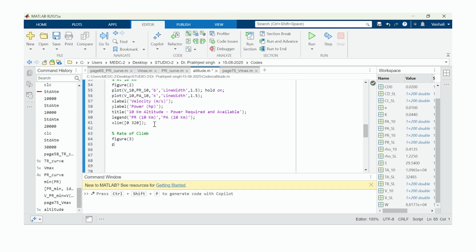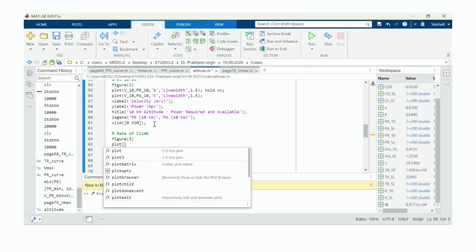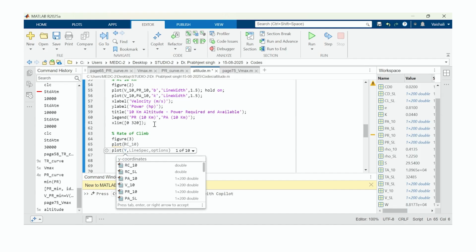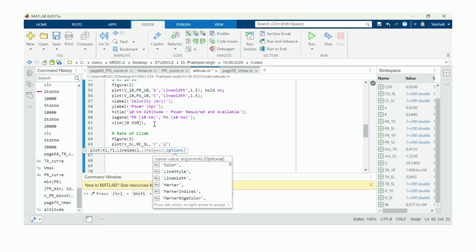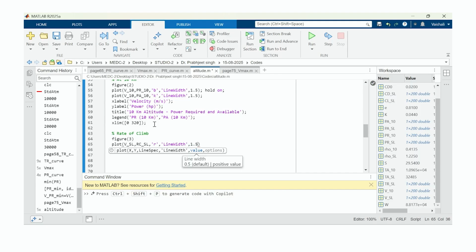Let me write here plot velocity with rate of climb, so velocity underscore SL comma RC underscore SL, comma, let me denote it with R, and the line width is again 1.5.